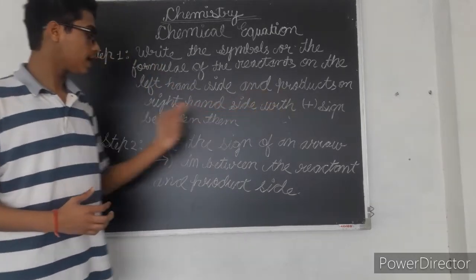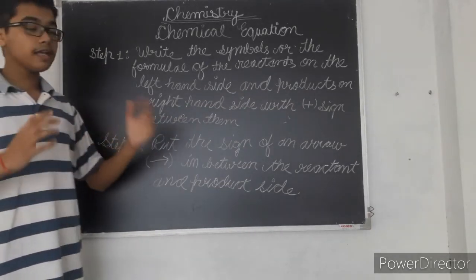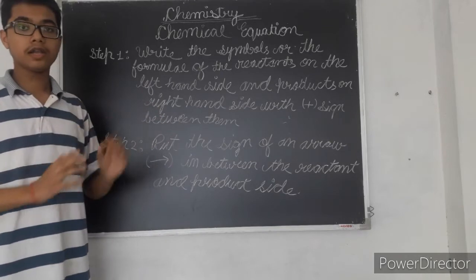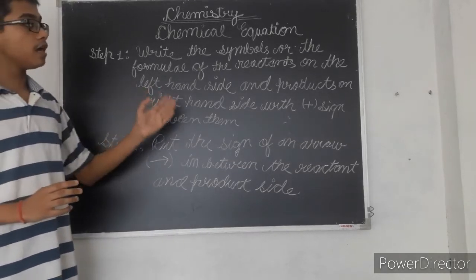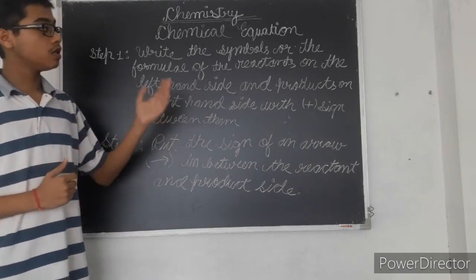We will write the reactants on the left hand side and products on the right hand side with a plus sign between them. Like if there are two reactants, we will write the plus sign between them, and if there are two products formed, then also we will write the plus sign between the products.